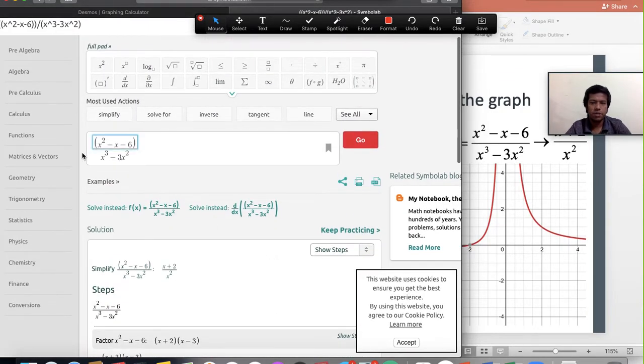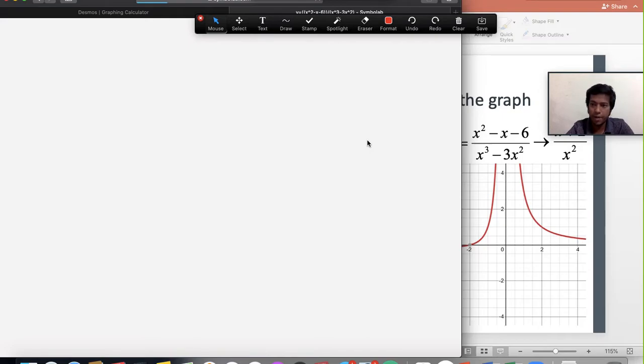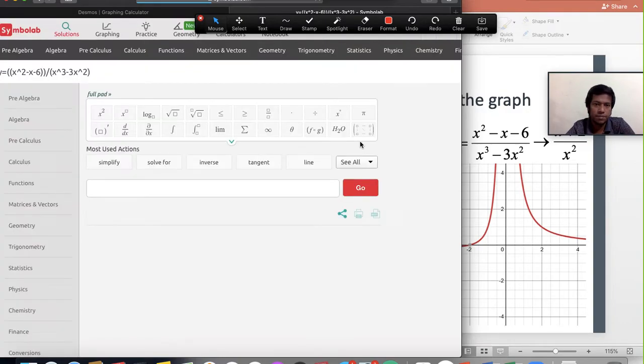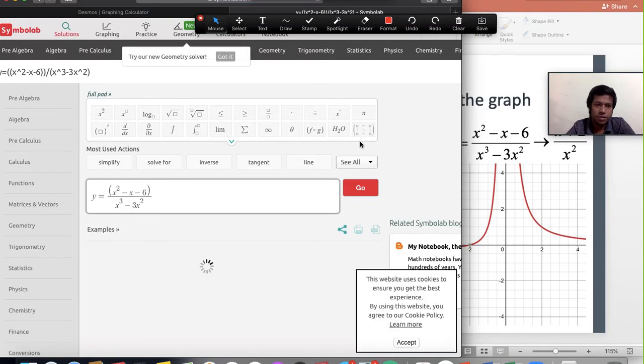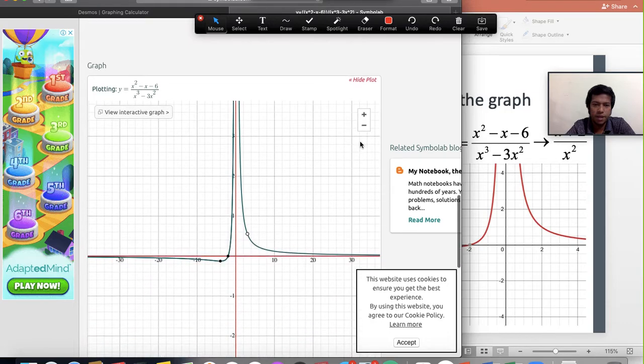Okay, let's write y equals, because Symbolab is thinking it is an expression, and it is an expression, but Desmos actually takes it as a function graph. Desmos actually thinks of that as an equation, which is completely different. In fact, it should be like y equals something, then it is an equation. Okay, so here is the graph, and you see the hole here. See, there is a hole.